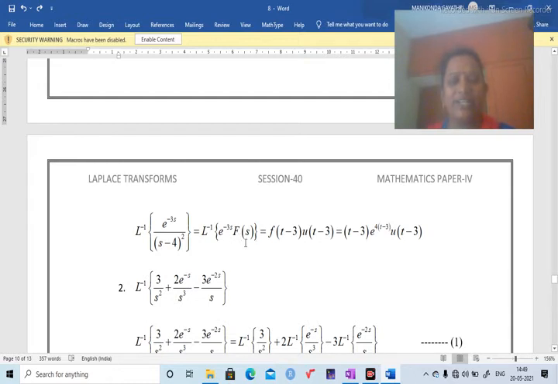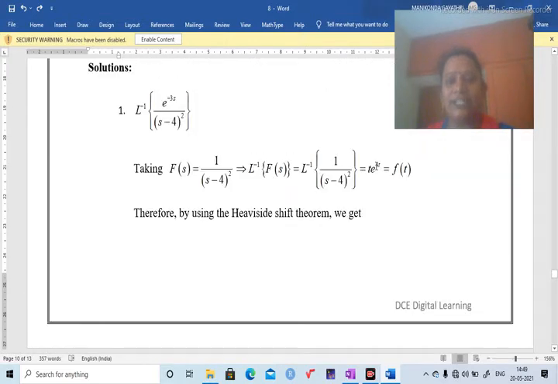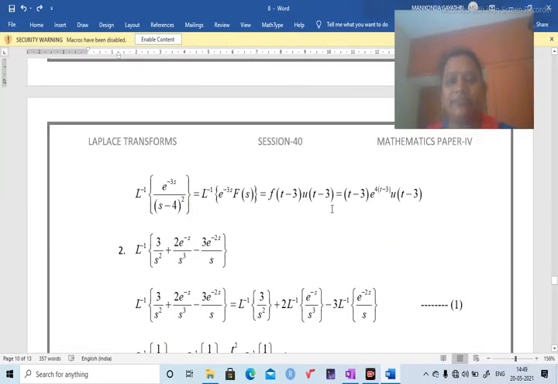This value equals f of t minus 3, u of t minus 3. Why 3? Because 3 is there. So f of t is t into e power 4t. Therefore, t is replaced with t minus 3. So t minus 3 into e power 4 times t minus 3 into u of t minus 3 as it is. This is the L inverse of the given function.